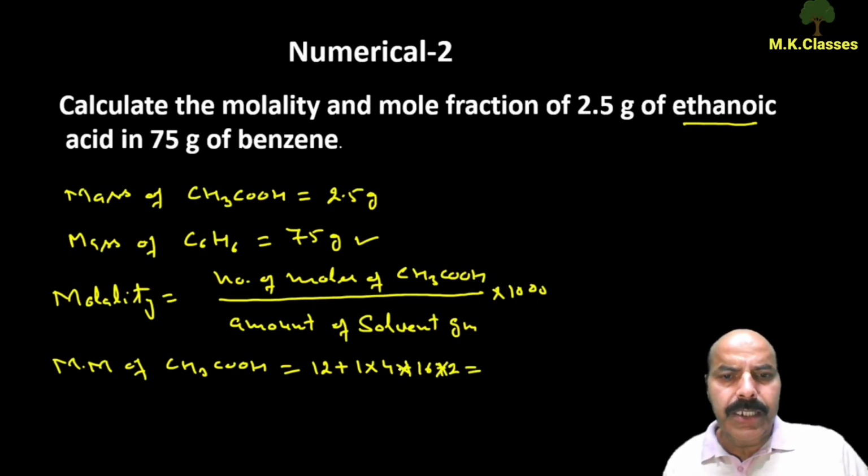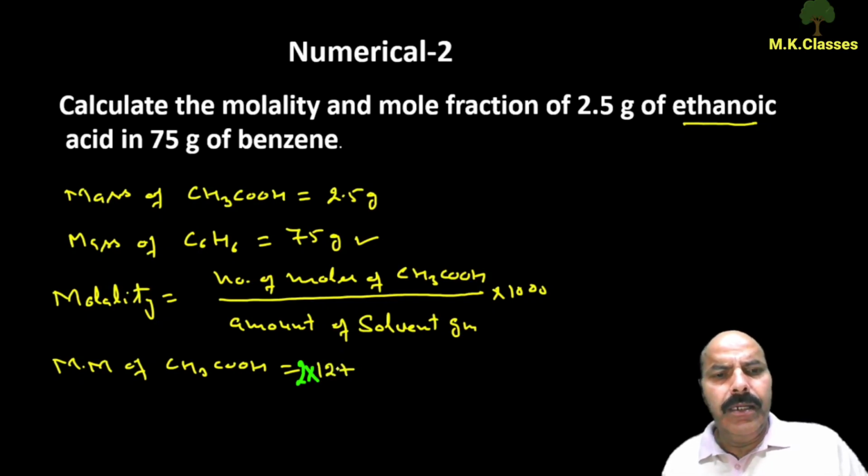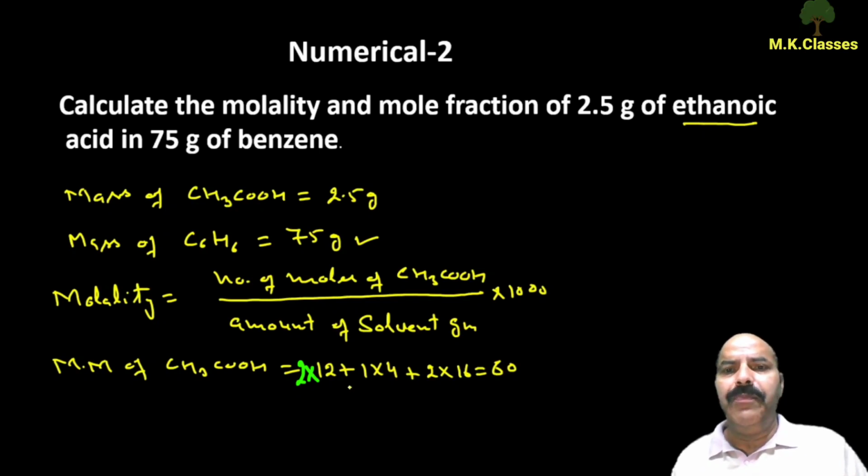Sorry, beta, here it will be plus. So the molecular mass of the acid is equal to: the atomic mass of carbon, beta, is 12, plus hydrogen is 1, and there are 4 hydrogen atoms, and then plus oxygen, 2 atoms, beta, so oxygen's atomic mass is 16. So it is 60.